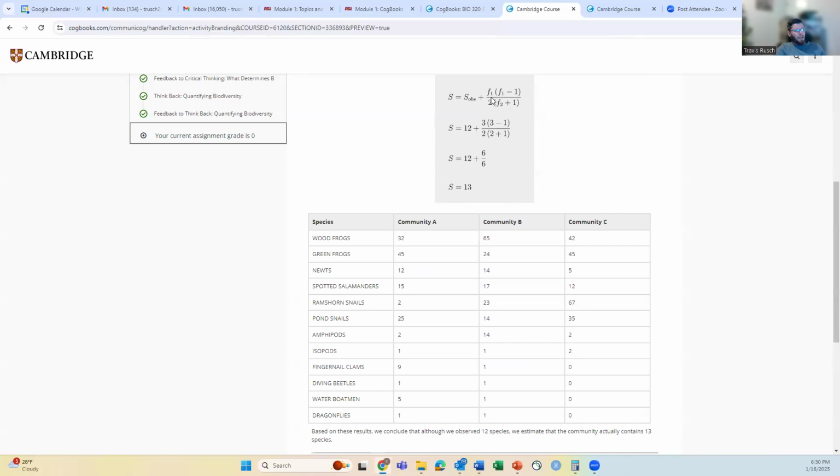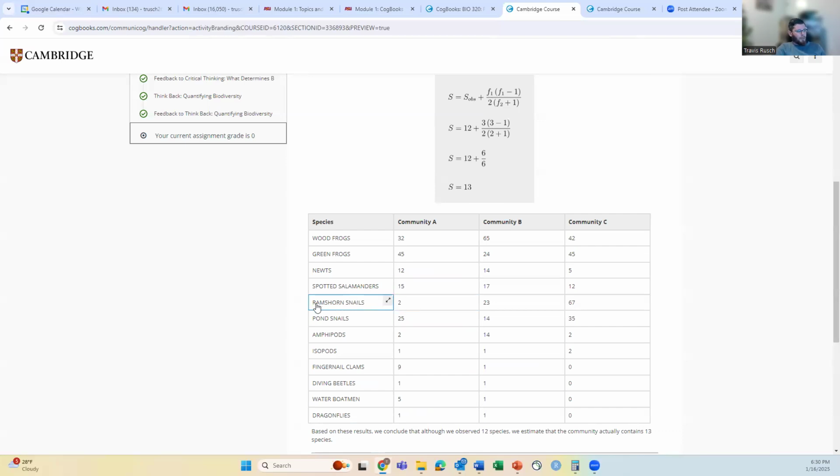F1 is how many had a single individual, right? And that was three. We had isopods that had one, diving beetles that had one, and dragonflies that had one. So that's three species that had one, and that's where these threes up here come from. The -1 is just a constant in the equation. The 2 is a constant in the equation. But then the F2, how many species had two individuals?